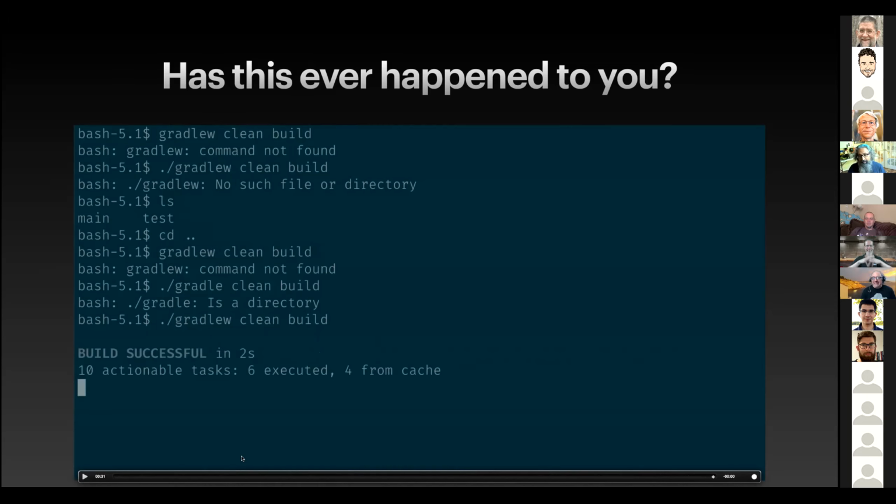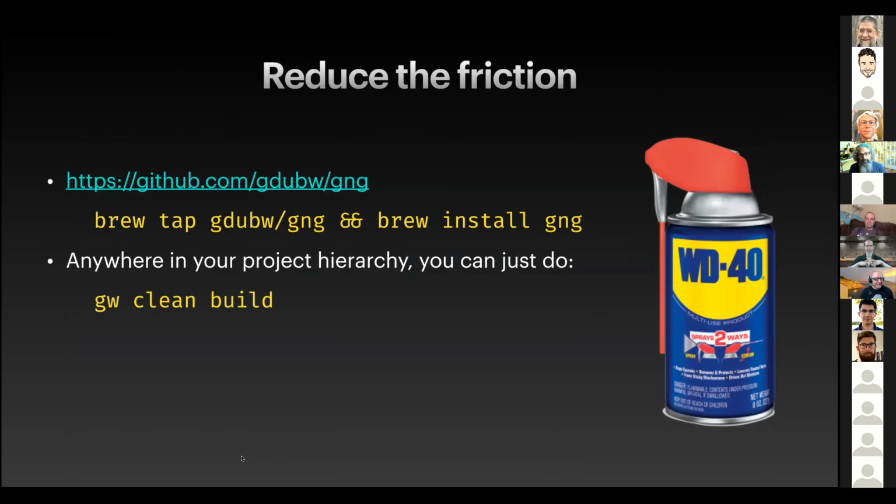Anybody have this ever happen to them? Happened to me all the time until I found gng, one of the greatest names of a tool that you can ever find, gng. So this tool is pretty cool. It's a very small little utility. Just install it with Homebrew if you're on a Mac.